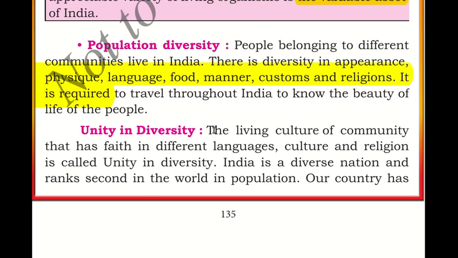Unity in diversity. The living culture of a community that has faith in different languages, culture, and religion is called unity in diversity. So people have different beliefs, languages, culture, heritage, and religious beliefs. India is a diverse nation and ranks second in the world in population.